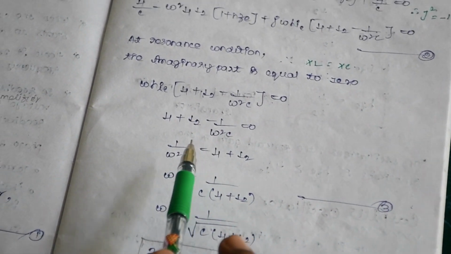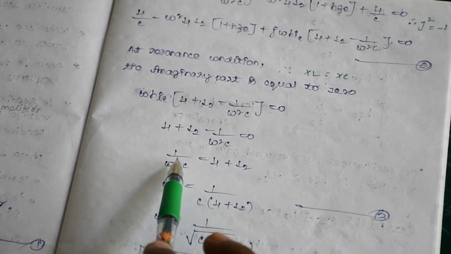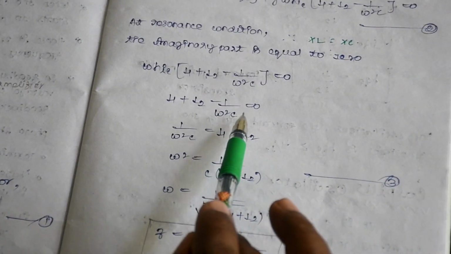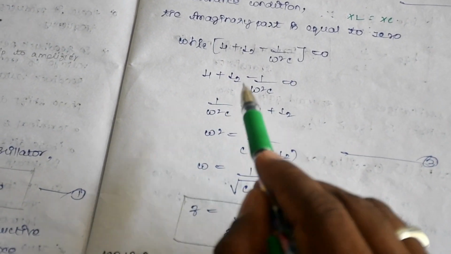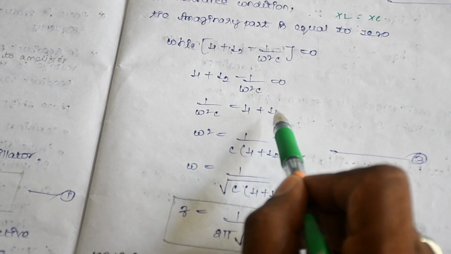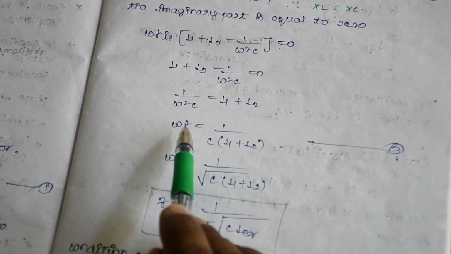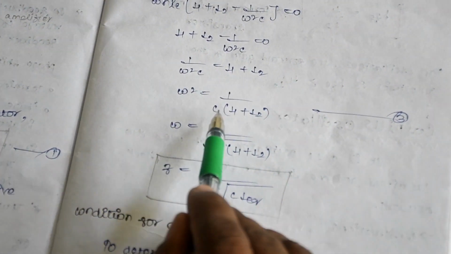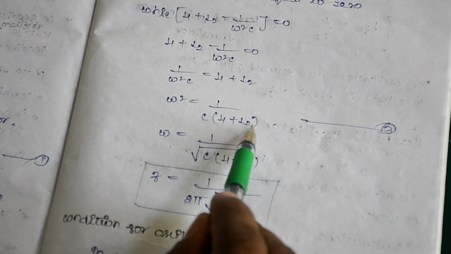So we want to calculate the omega value. For that we take the omega value in a positive way: 1 divided by omega² C is equal to L1 plus L2. So omega² is equal to 1 divided by C into (L1 + L2).